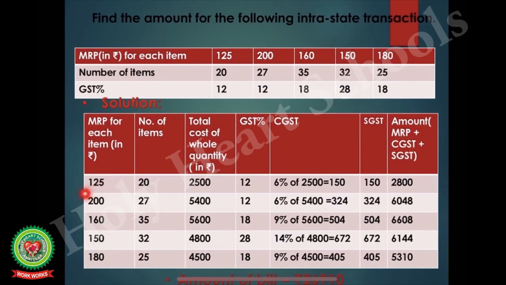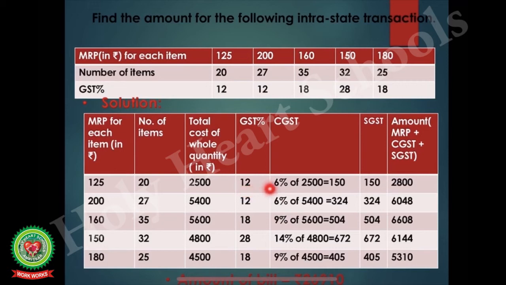The MRP of the first item is rupees 125. Number of items is 20. So on multiplying 125 with 20, we get rupees 2500. The rate of GST given is 12%. So the CGST and SGST will be charged at 6% each.